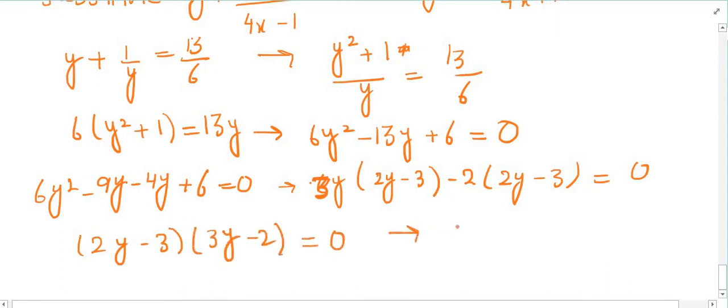You will get the roots of the quadratic equation as 3 by 2 and 2 by 3.